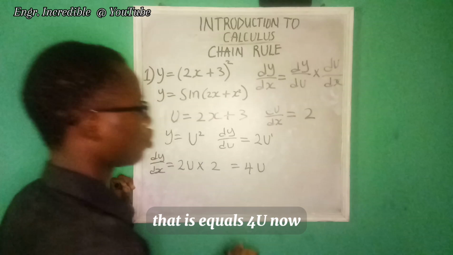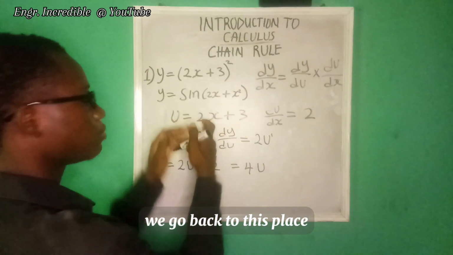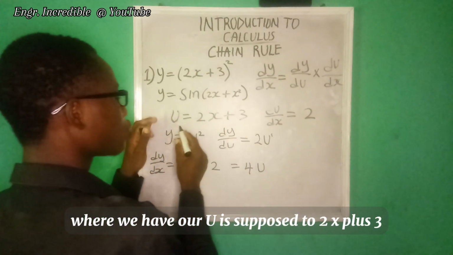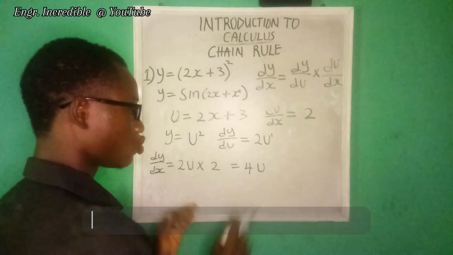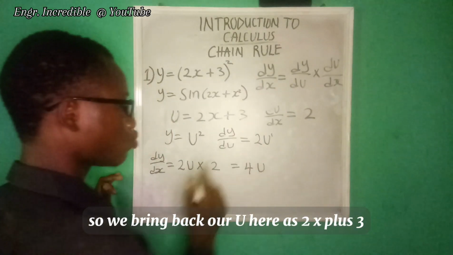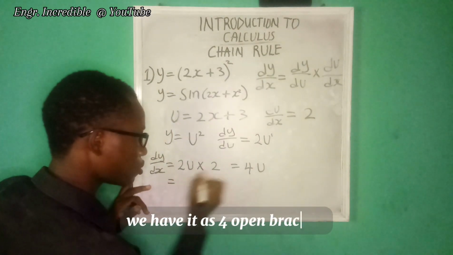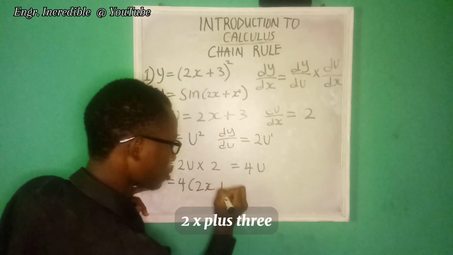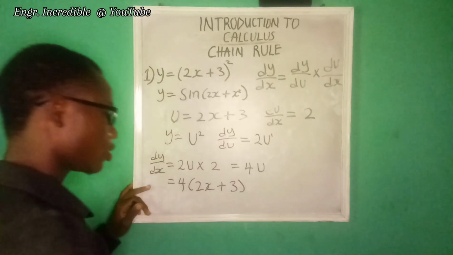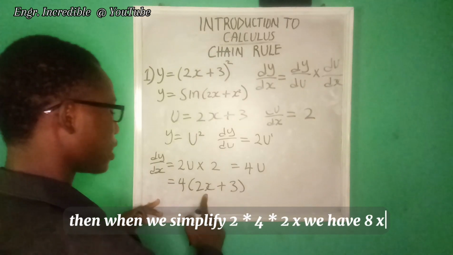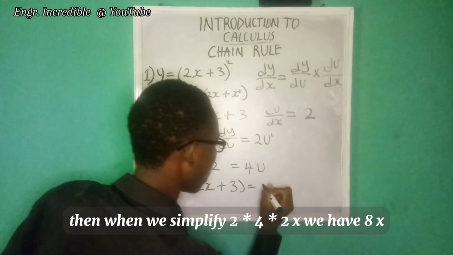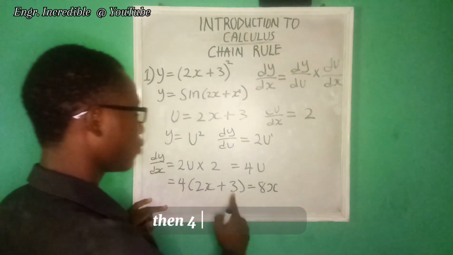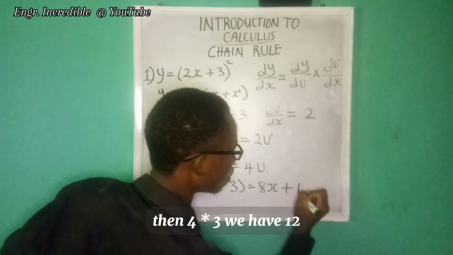Now we go back to u is equals to 2x plus 3. So we bring back our u here as 2x plus 3. We have it as 4 open brackets 2x plus 3. Then when we simplify it, 4 times 2x, we have 8x. Then 4 times 3, we have 12.